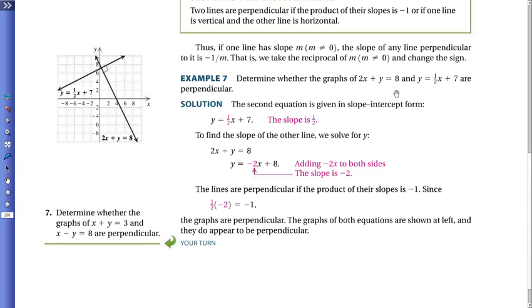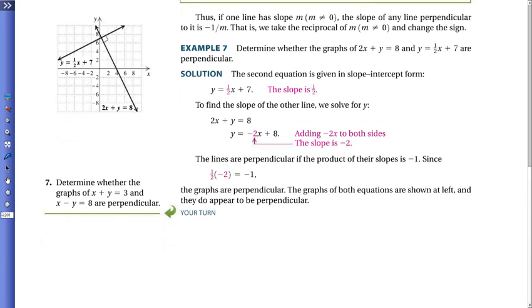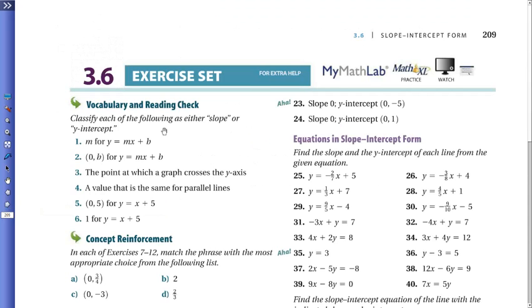Well, we solve for y and put it in slope-intercept form, and I see that the slope is -2 for this one. So what determines if they're perpendicular? If I take -2 times 1/2, I get -1, which means they are perpendicular. And that's it for that.